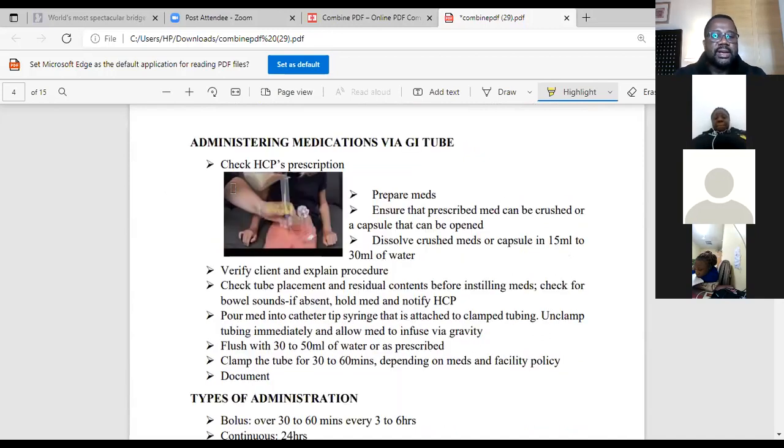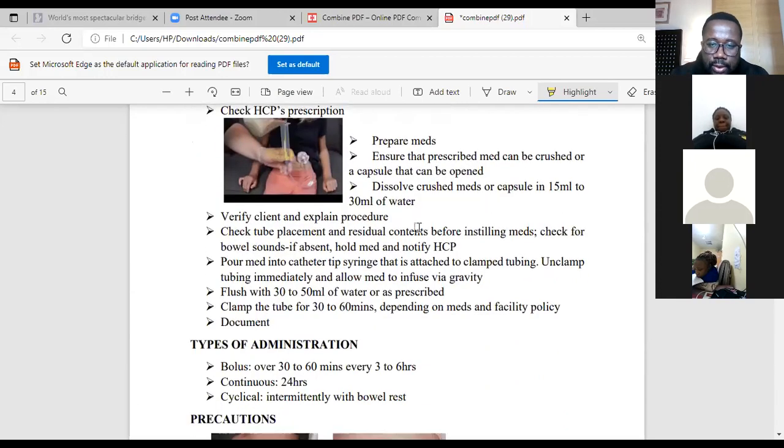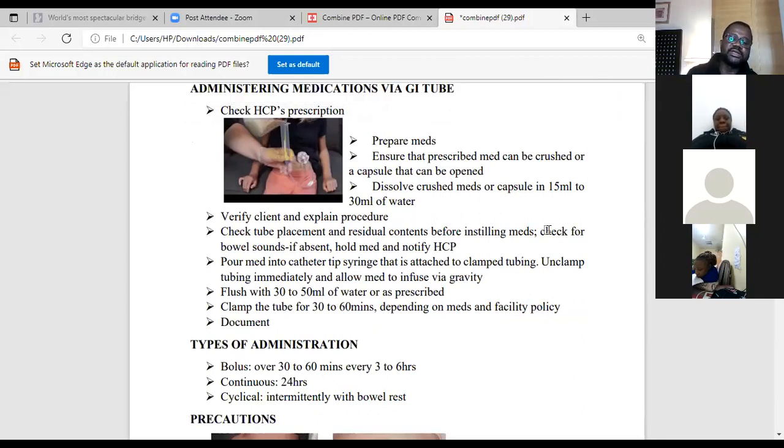So we say you have to always check the healthcare professional's prescription, prepare your medication, and ensure that the prescribed medication can be crushed. We have medication that you are not allowed to crush, and medication that you can crush. Be sure that the medication can dissolve, because we have medication that comes in granules and cannot dissolve.